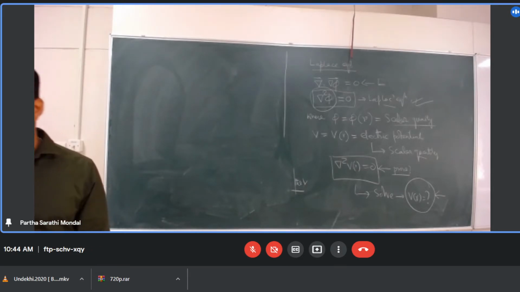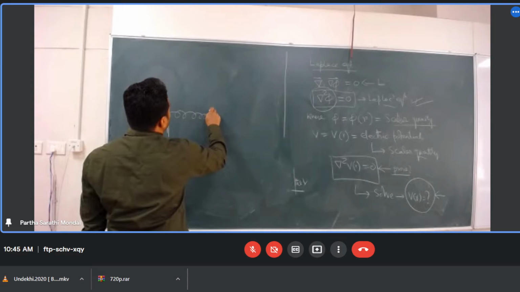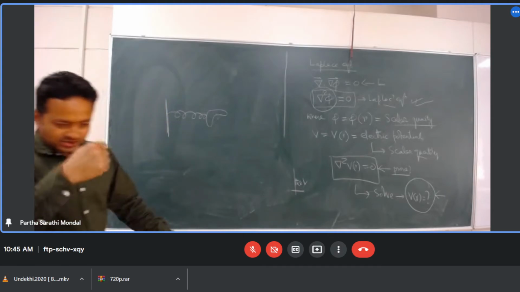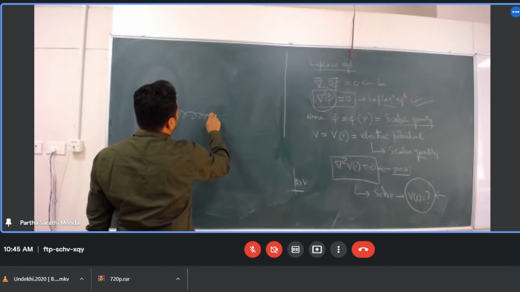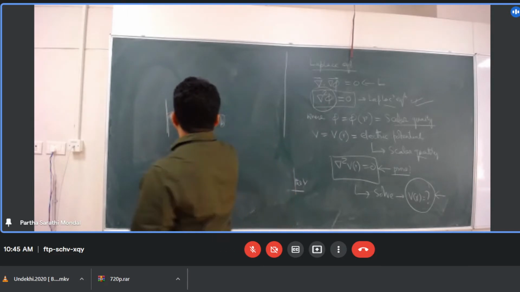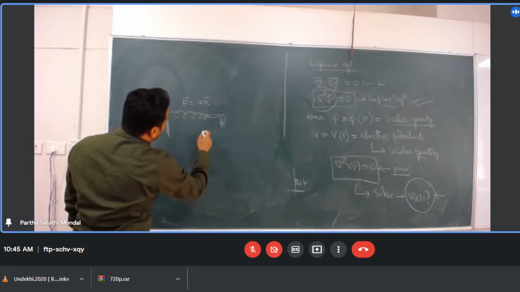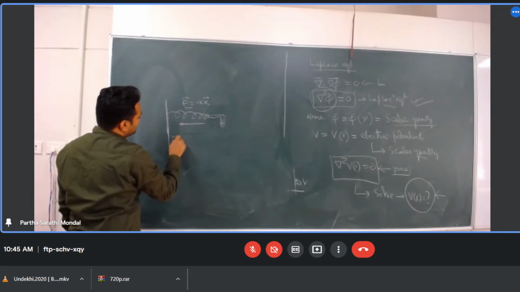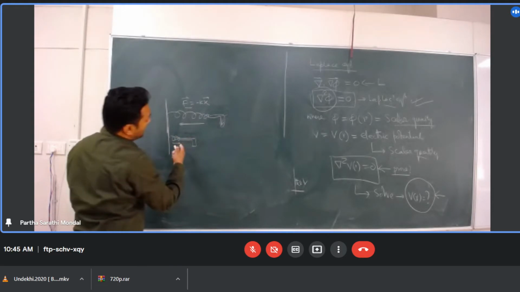Let me give you an example. There is a wall and a spring, and attached to the spring is a boxing glove, the thing boxers use. This is the glove and this is the spring. So the spring force is -kx. Now if you work against the spring force, it means we compress it. If we compress it like this, then you will see that it has a potential, a capability of doing work.